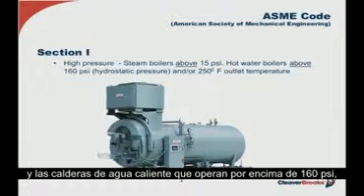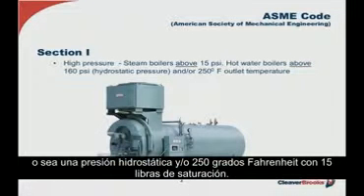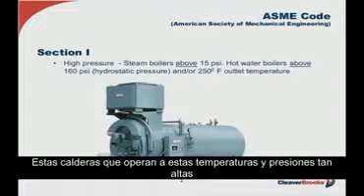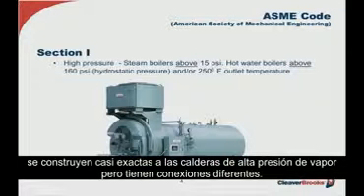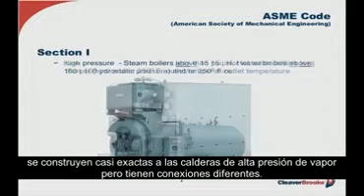And for hot water boilers, above 160 pounds hydrostatic head, and/or above 250 degrees, which is the same as 15-pound saturated steam temperature. Now, these hot water boilers operating at these elevated pressures and temperatures would be considered what we call high-temperature hot water boilers, and would be built almost exactly like a high-pressure steam boiler, except for the differences in connections.